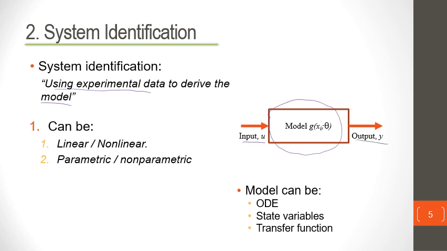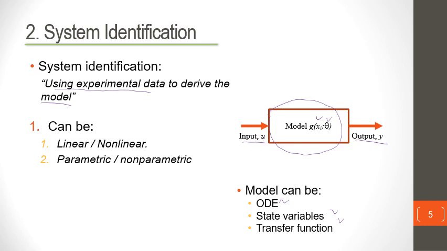So the model, whether it's an ordinary differential equation, state variable, or transfer function model, you would want to understand what the value of the parameters is, that is the parameters that make up the model, as well as what could be the states or how many states the process could have.